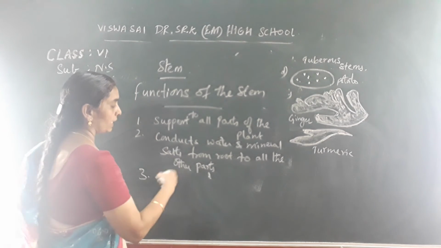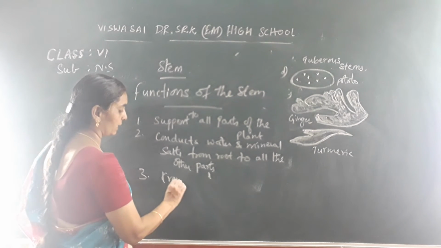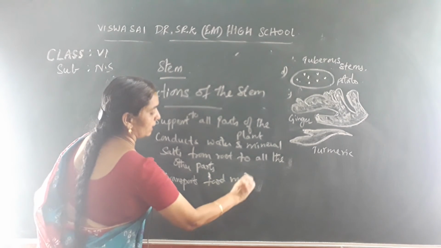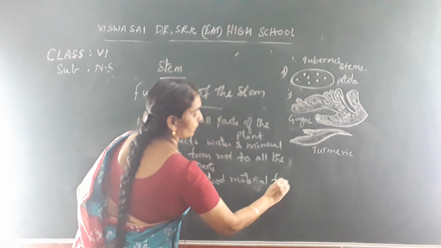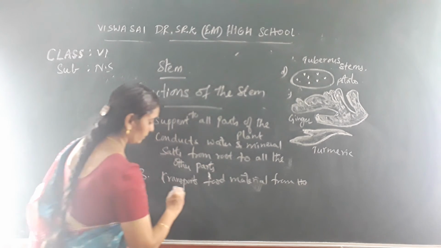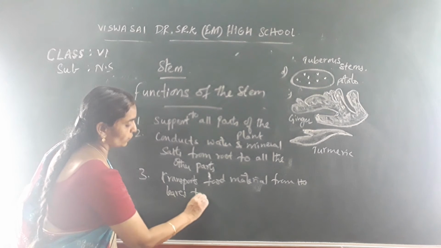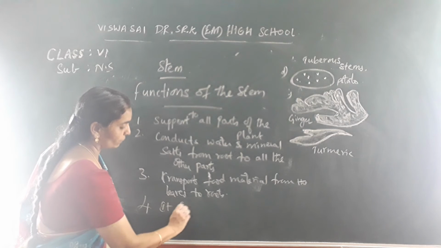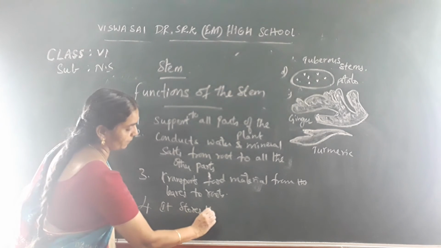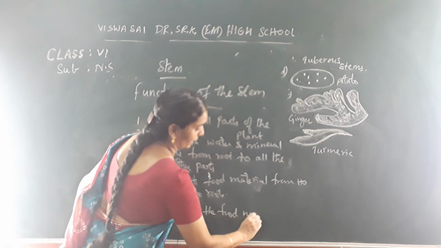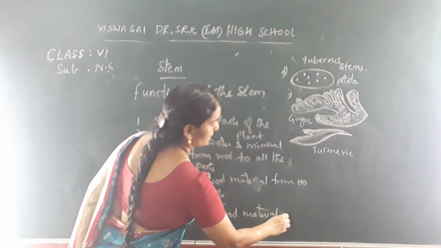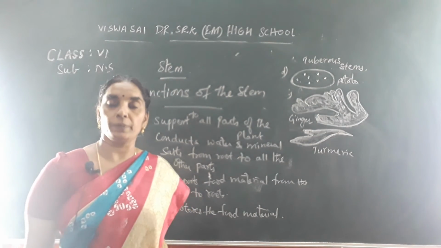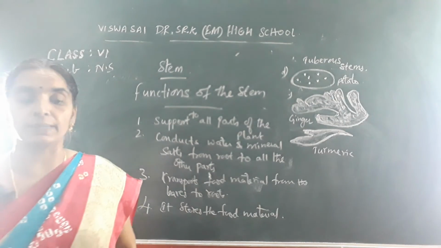And next, it also transports the food material from the leaves to roots again. Okay, next it stores the food material, as in the case of tuberous stems like potato, ginger, turmeric, garlic, etc. Hope you have understood the conduction of water through the stem, children.